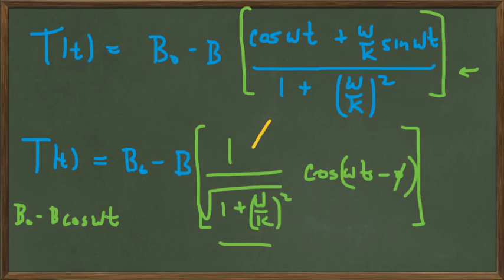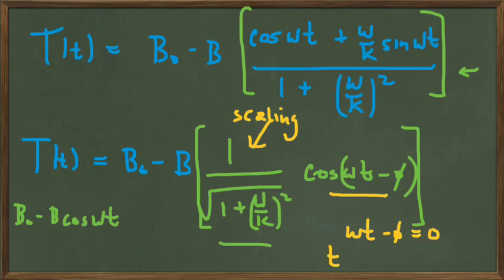parts of this formula. This factor right here we're going to call a scaling factor. It tells us what portion of the outside temperature carries over. And then if we take this portion right here and take the omega t minus phi and set it equal to 0, we get t equals phi over omega, and that tells us how much there is a time shift.